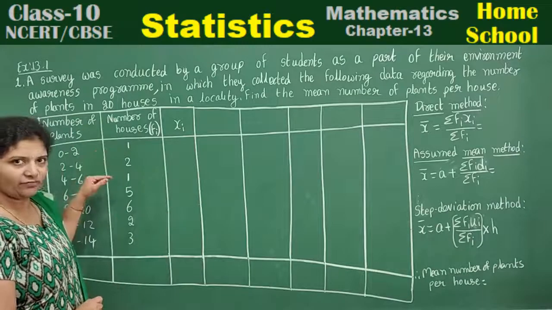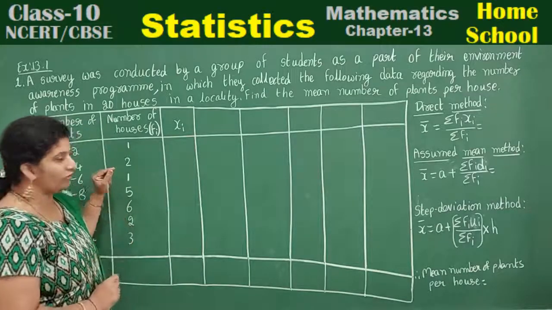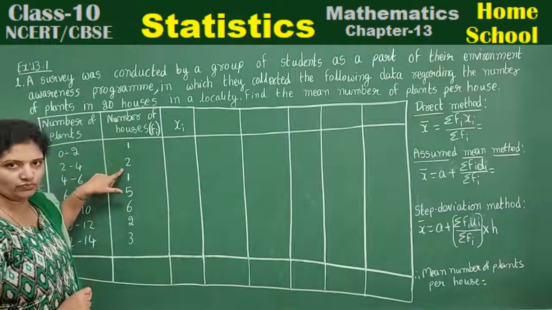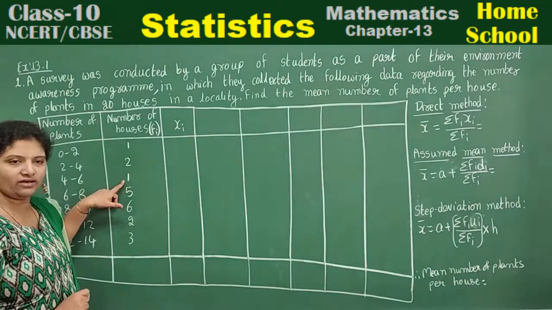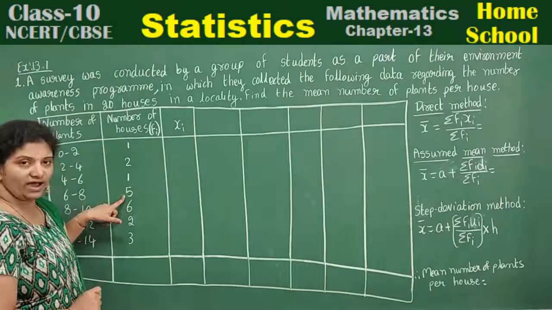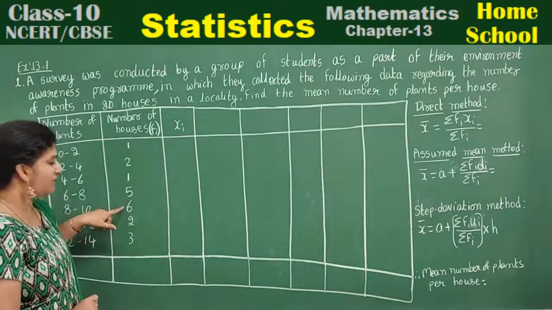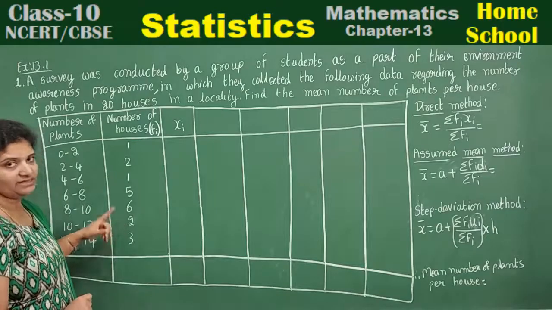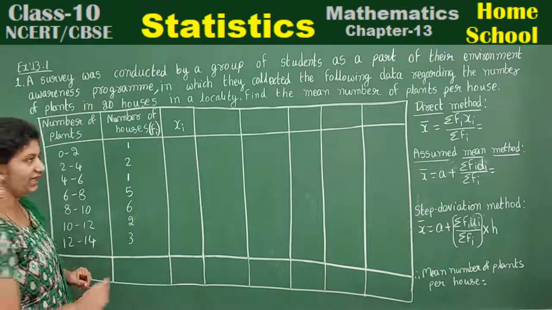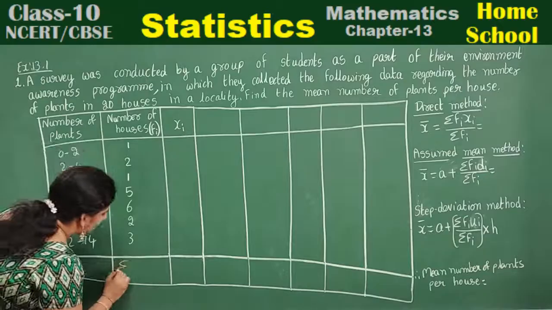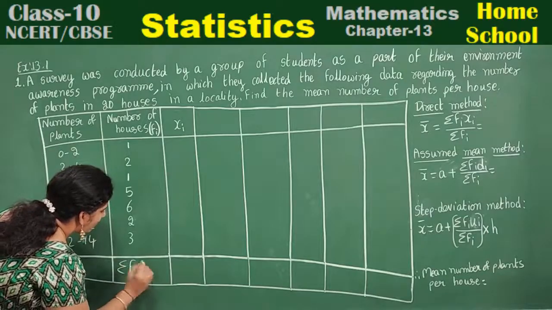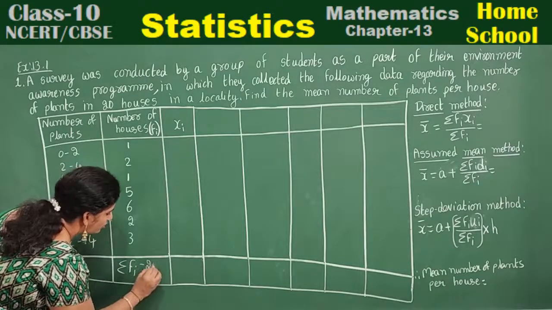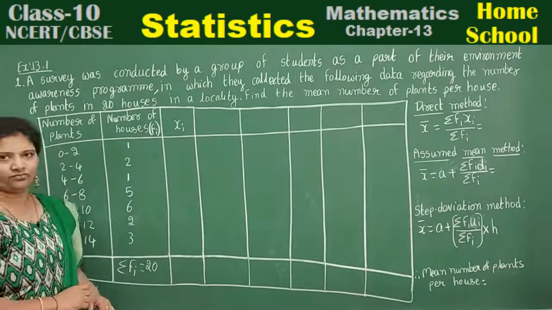Let us add the frequency and check whether it is right. 1 plus 2, 3. 3 plus 1, 4. 4 plus 5, 9. 9 plus 6, 15. 15 plus 2, 17. 17 plus 3, 20. Yes, sigma fi is equal to 20.